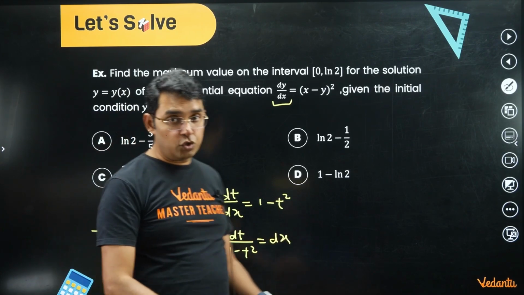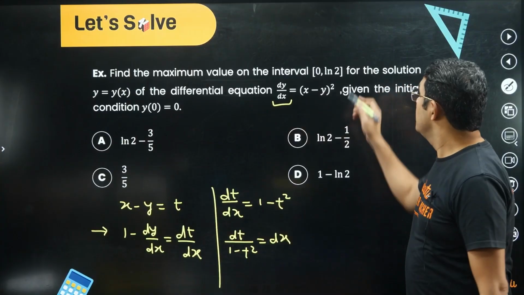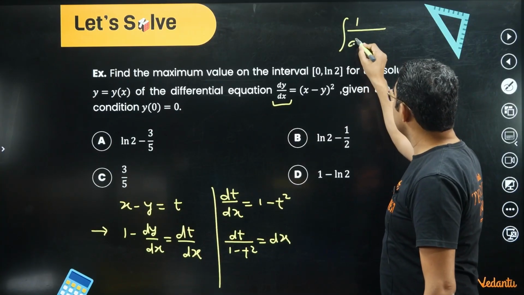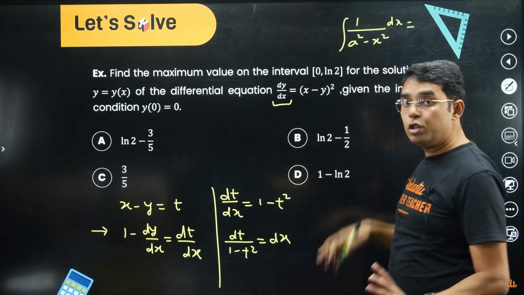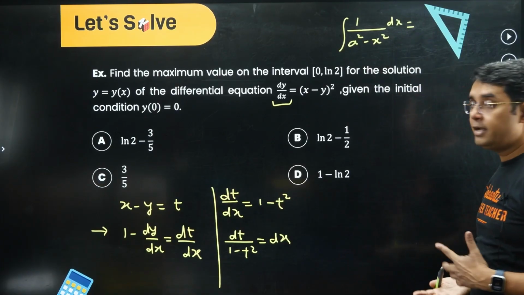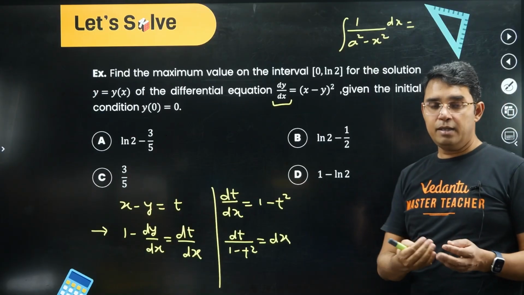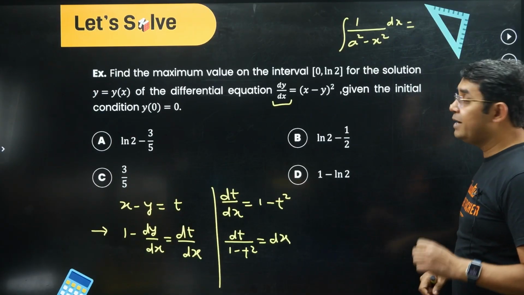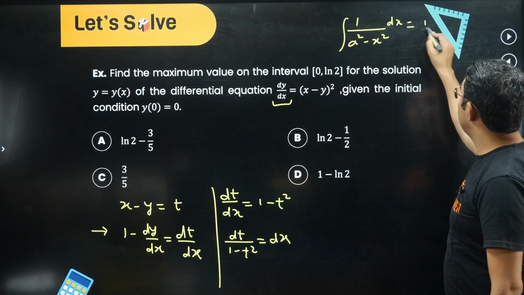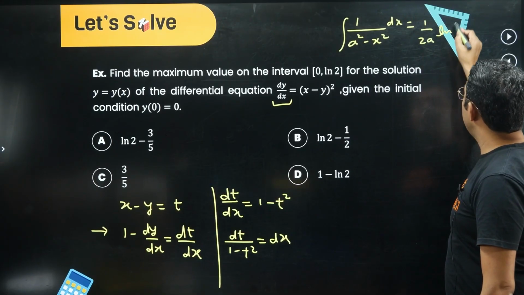Now dear student, you should remember the formula of integration of 1 upon a square minus x square. Although some of you may say that we can derive it in the exam itself because it is simple splitting into partial fractions, that is okay, but I will recommend you should remember it, because otherwise you will be taking time in deriving it.